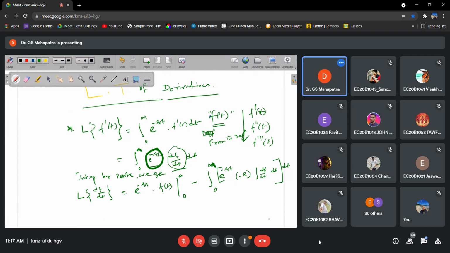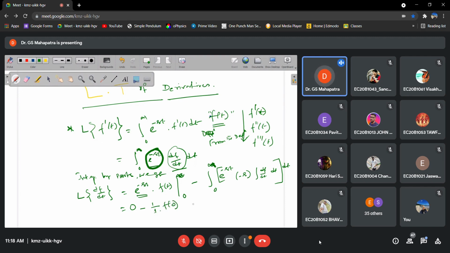Now, if we put the upper limit infinity, e to the power minus st tends to 0 as t tends to infinity, so this is 0 into f of t, which is 0. Now the lower limit: e to the power minus st becomes 1, into f of 0, correct.